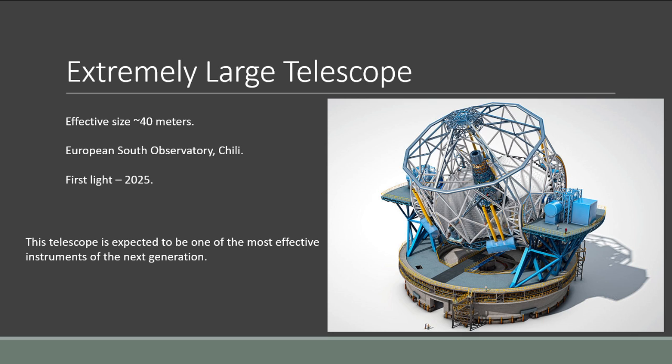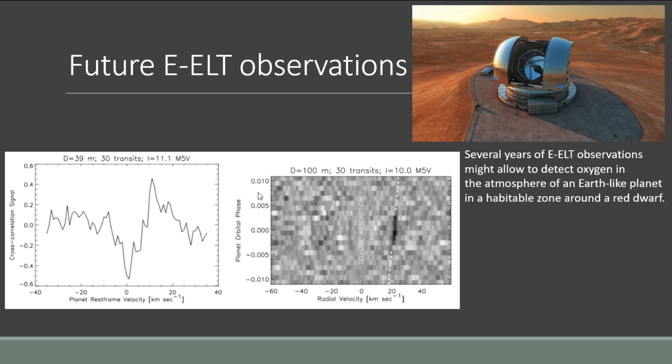So we expect that in 5 years it will start scientific observations, and it'll be effective in studying atmospheres maybe of even Earth-like planets. So it's expected that in several years of observations it will be able to detect oxygen in the atmosphere of an Earth-like planet in a habitable zone.